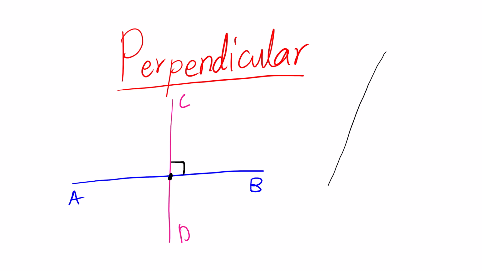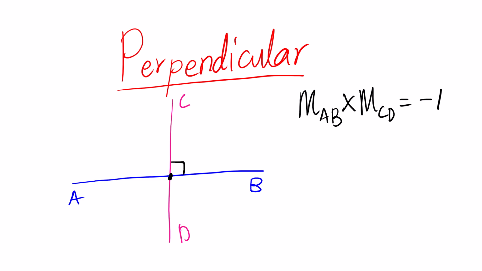So what happens when two lines are perpendicular to each other in terms of gradient? The product of the two gradients will always be -1. This is the basic equation.